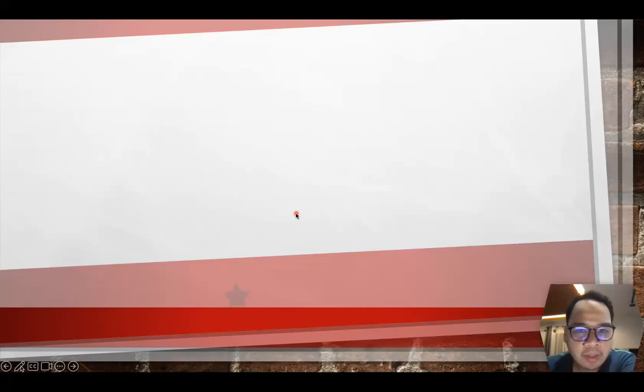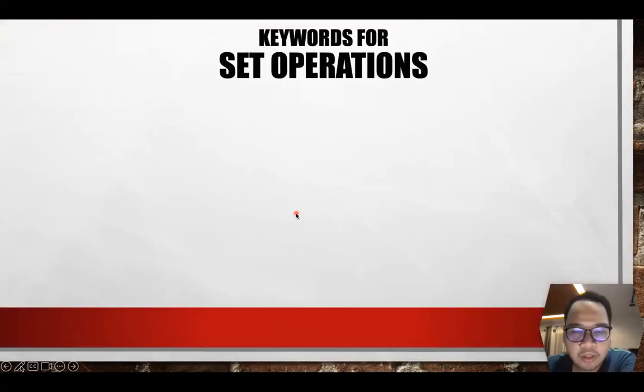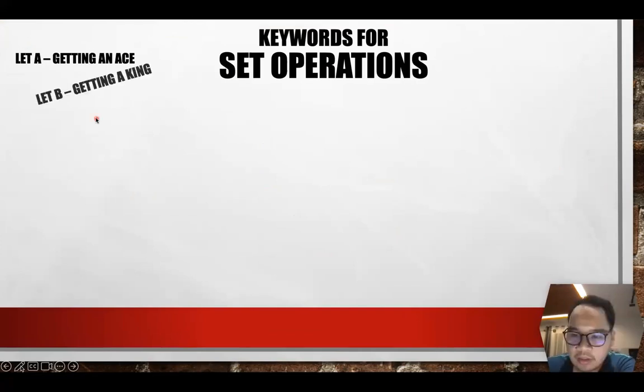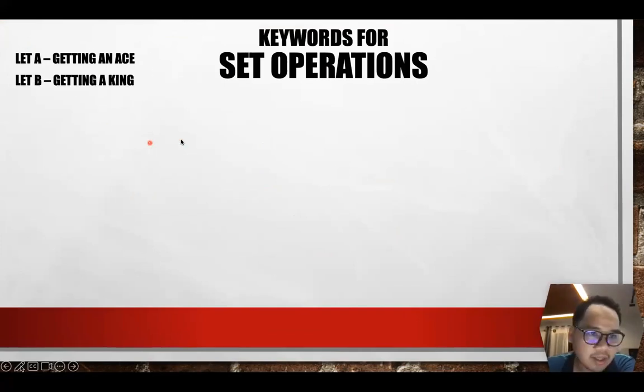Let's try to recall our keywords for set operations. So in probability, for example, let's consider A to be getting an ace, B to be getting a king in an ordinary 52-card deck of cards. Consider the probability of A union B. We are using the word "or" here.